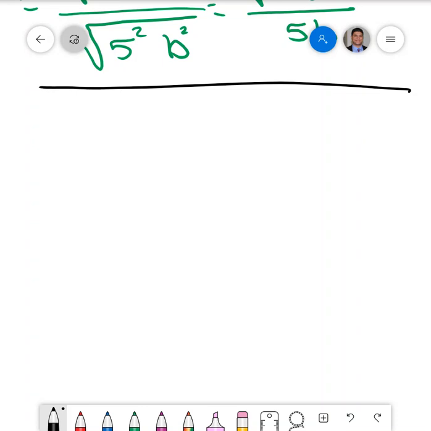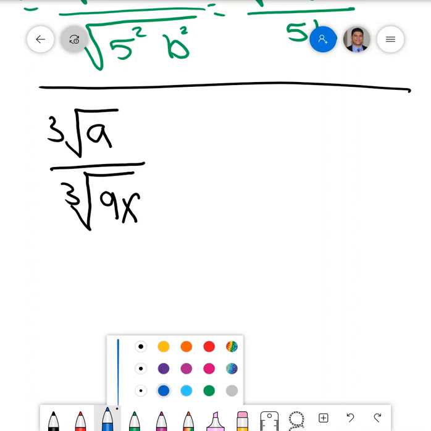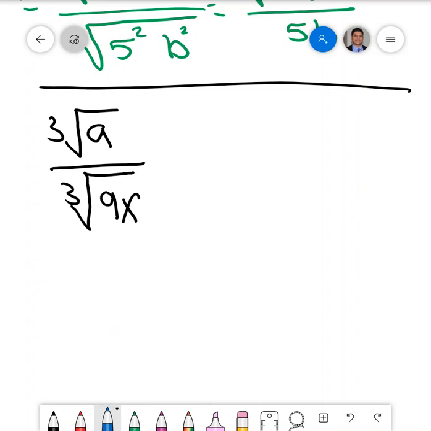Another example, rationalize the denominator: the third root of a over the third root of 9x. Before we start, we have to know that this is a third root, so we have to have a cube number under this radical. 9 means 3 to the power of 2, and x means x to the power of 1.